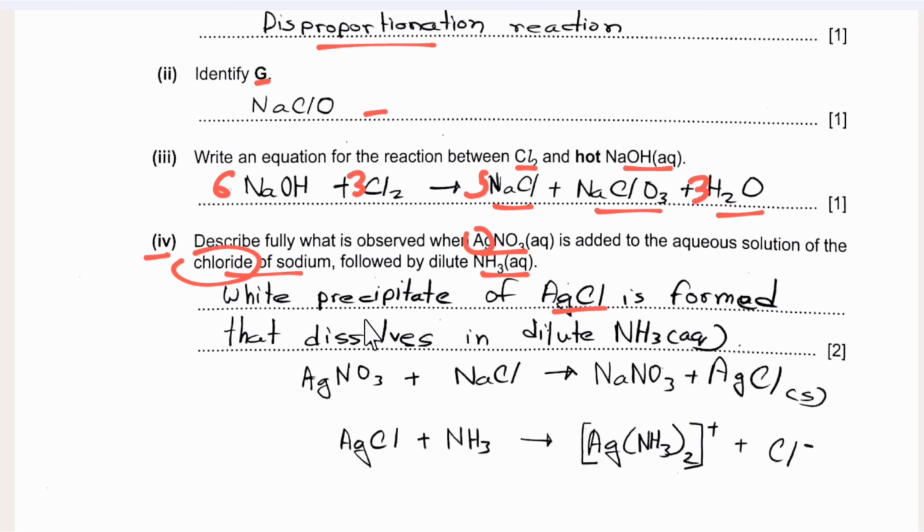For silver chloride, the white precipitate dissolves in aqueous ammonia to form a solution. The reaction is silver nitrate plus sodium chloride gives sodium nitrate plus silver chloride, and silver chloride is a precipitate. When silver chloride reacts with aqueous ammonia, the complex ion Ag(NH3)2 plus Cl minus is formed.